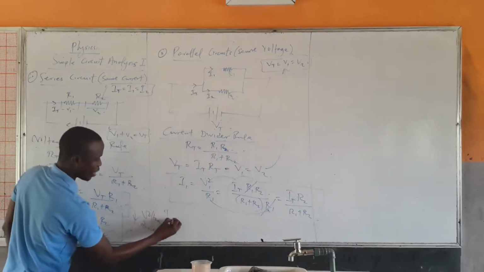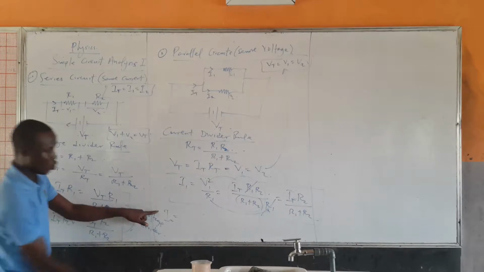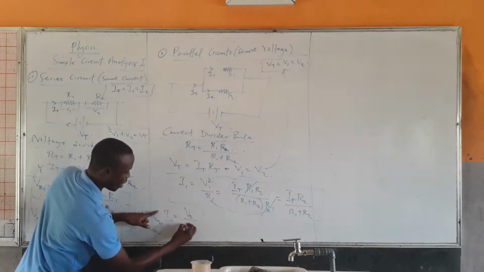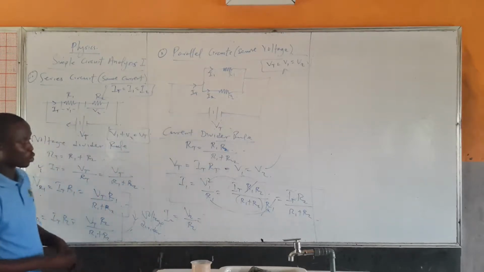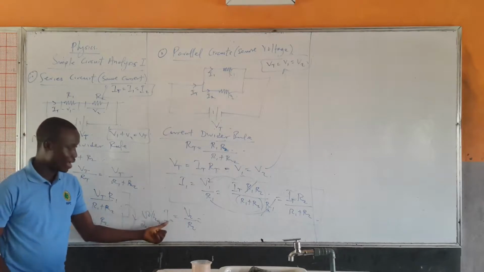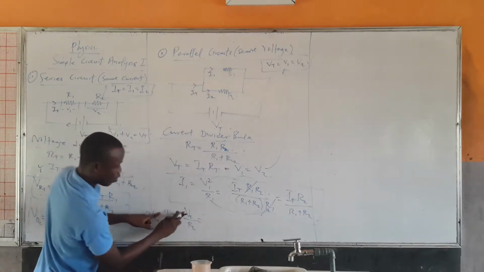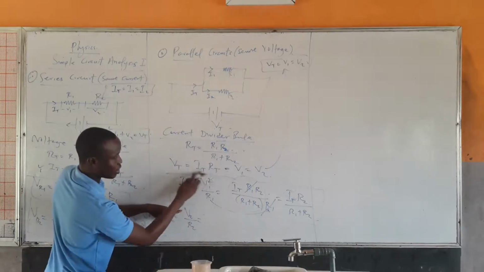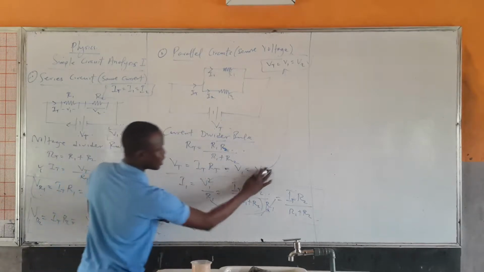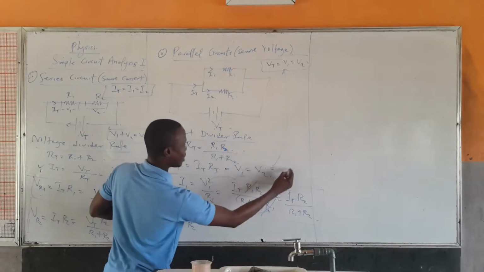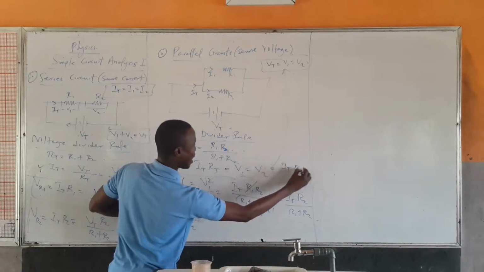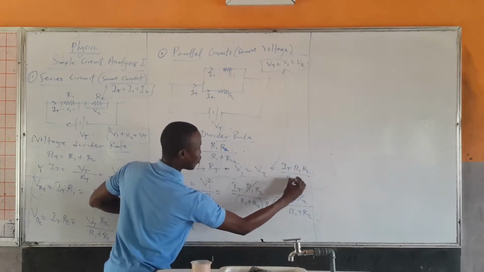The current I2 likewise will be V2 over R2. Don't forget, from Ohm's law, my I is always V over R. So my current, I have it as V total, still the same thing here. Don't forget our V total was I total, R1 R2 over R1 plus R2.